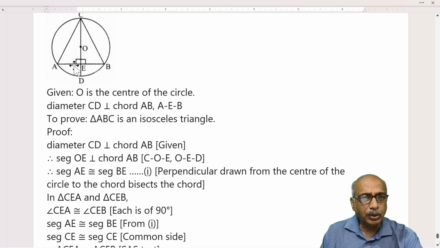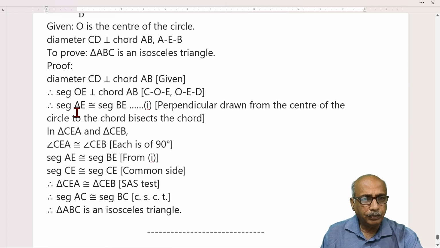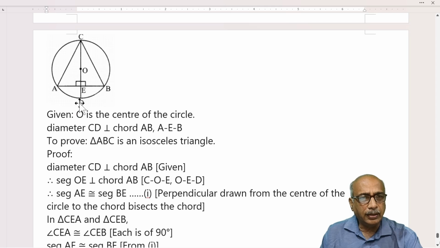Now, in these two triangles so formed, CEA and CEB, AE is congruent to EB as proved above, angle E equals 90 degree, and CE is the common side for these two triangles.